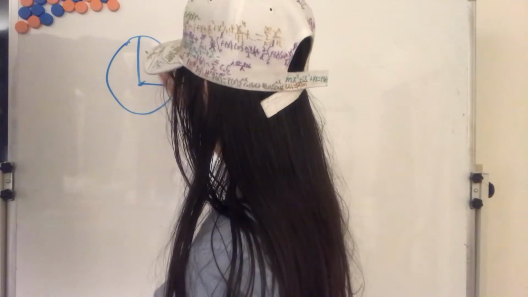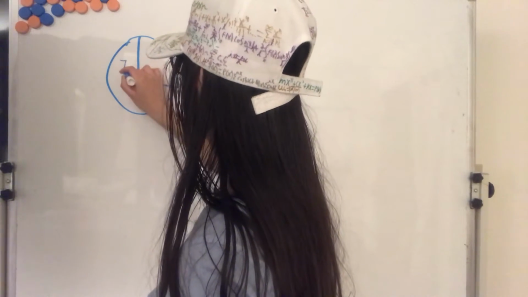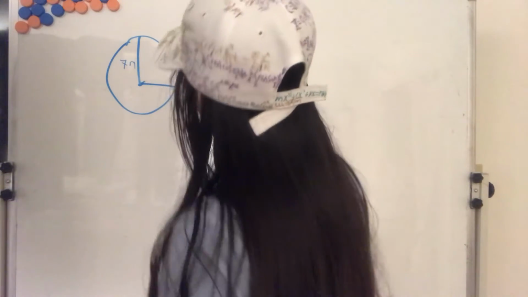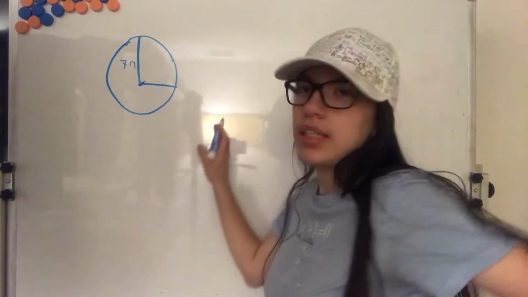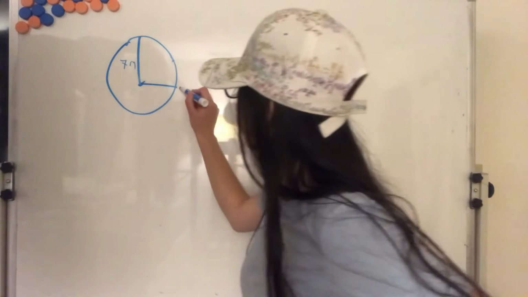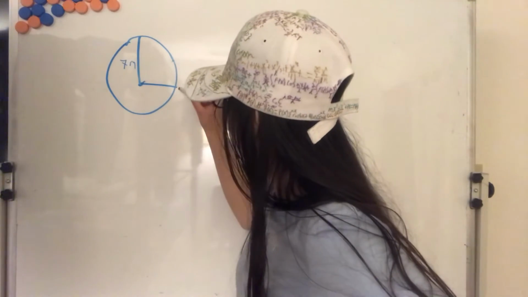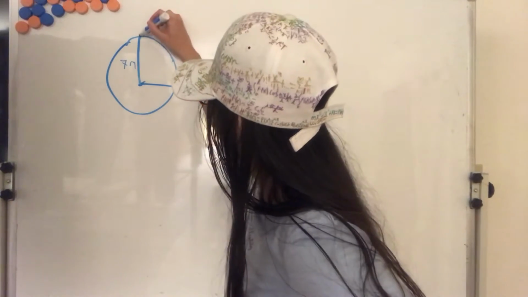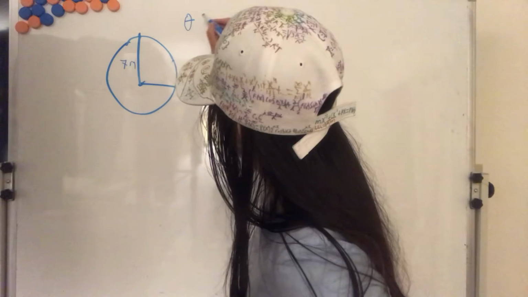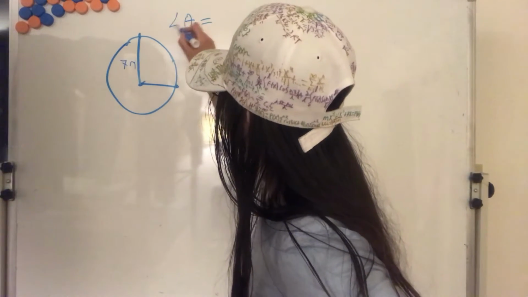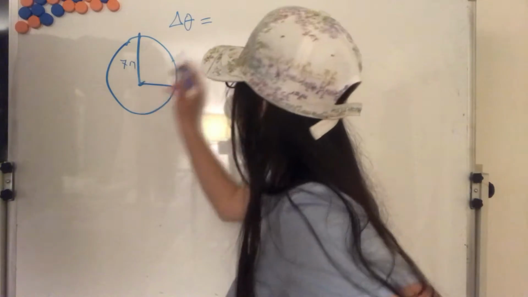Strip has a length of, let's say, 7 meters, and what is the displacement of this particle that passes from here to here? So the angular displacement is just pi over 2.